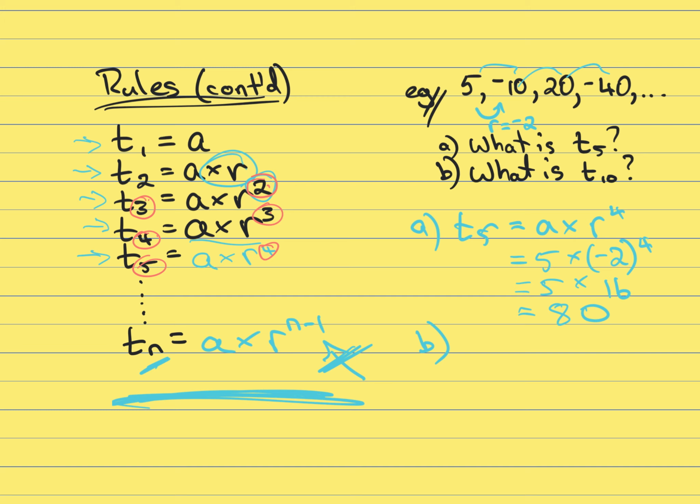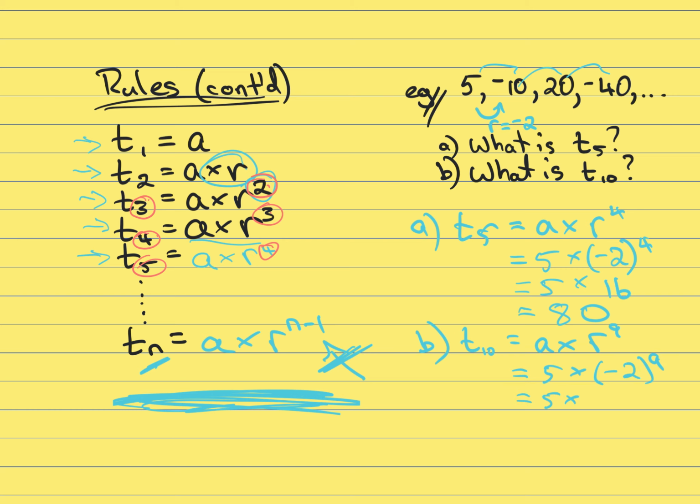So it works out. What about term 10? Now this one's a bit more useful to bring in this general rule, because we don't want to figure out all the terms in between. T10 is going to be A multiplied by R to the 10 minus 1, or R to the 9, which is 5 multiplied by minus 2 to the 9.